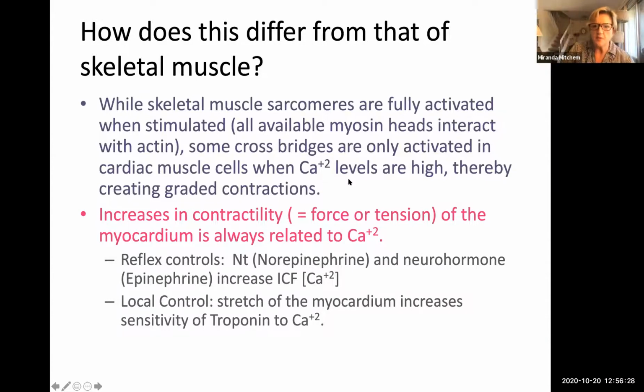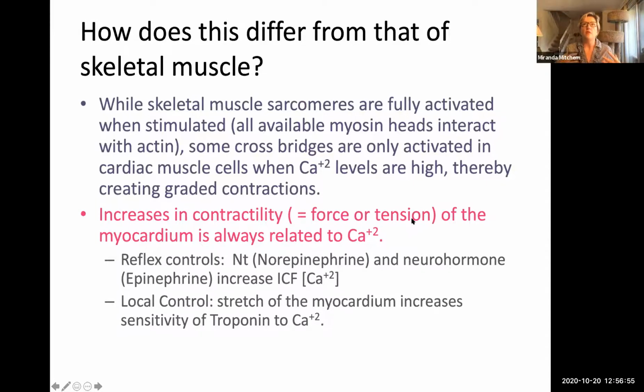The calcium is important in helping to generate the contractions of the heart, just like it is for the skeletal muscle. But let me point out those big differences here. One of the big differences between skeletal and cardiac muscle is the force of the contractility is proportional to the calcium, okay?